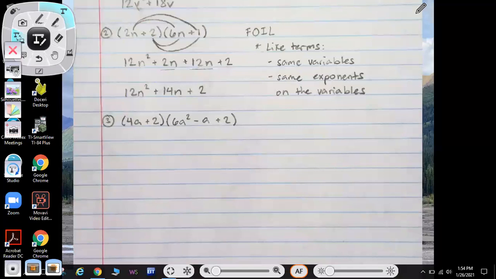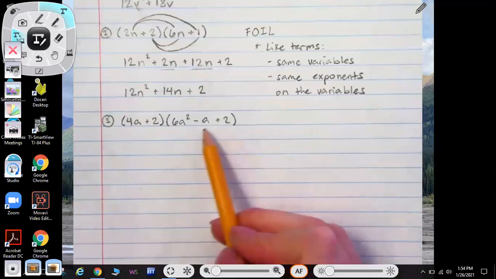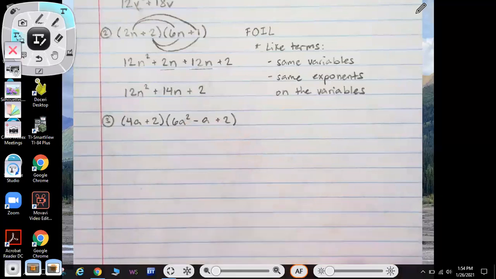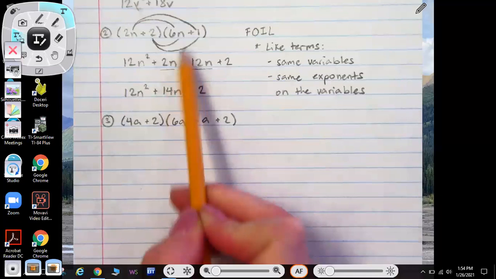Okay, so we can't use FOIL because we're not multiplying two binomials. This second polynomial has 3 terms. So we're going to use that second method that I showed you in example 2.